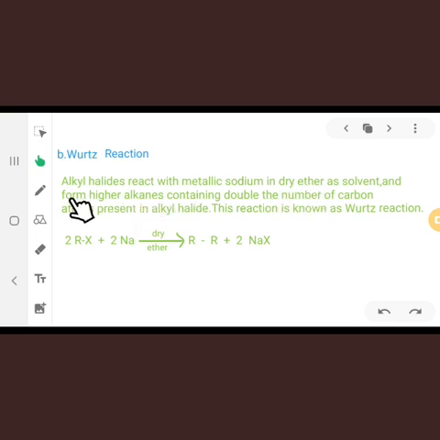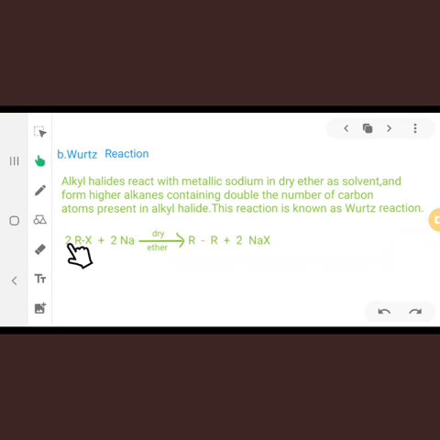Okay, and the product is that it forms higher alkanes. Understand? Alkane, with a carbon-carbon single bond, containing double the number of carbon atoms present in the alkyl halide. Okay, so the number of carbon atoms in the product is double that in the alkyl halide. See, this reaction is known as Wurtz reaction.